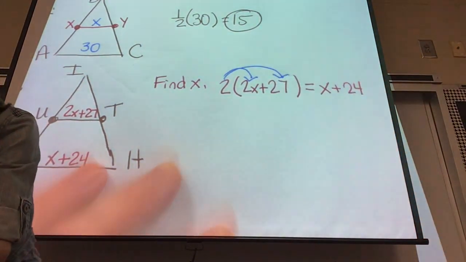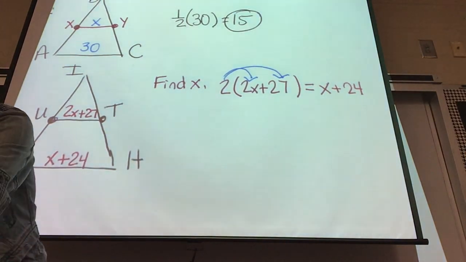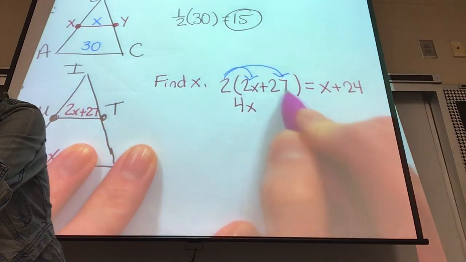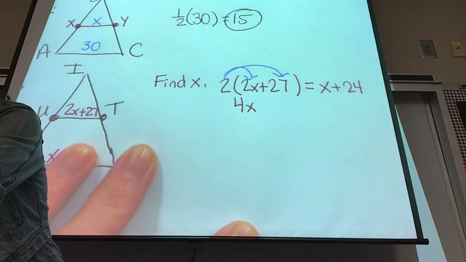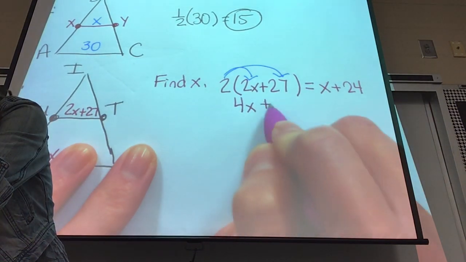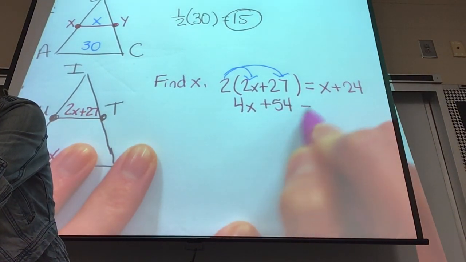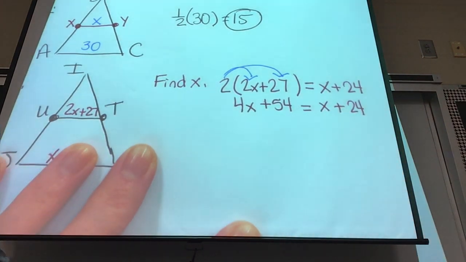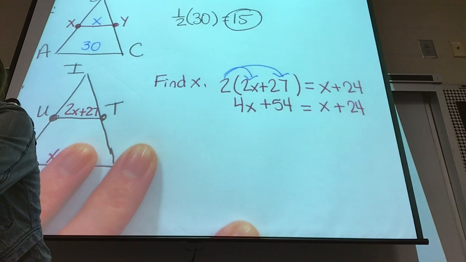So if I do my distributive, what is 2 times 2x? 4x. 2 times 27 is 54. And that's going to equal my x plus 24. So now all you got to do is move.